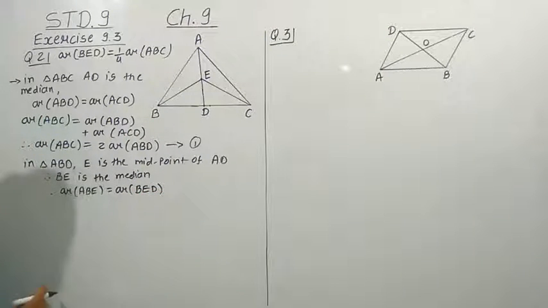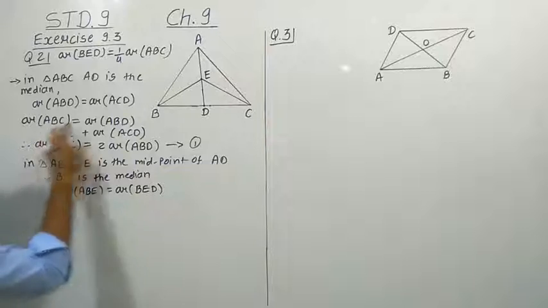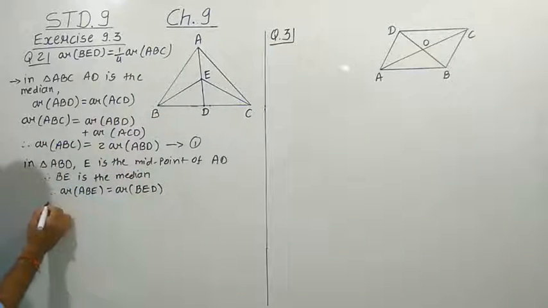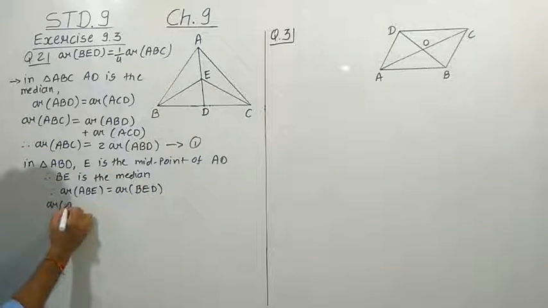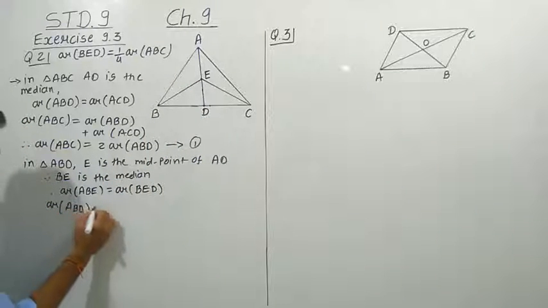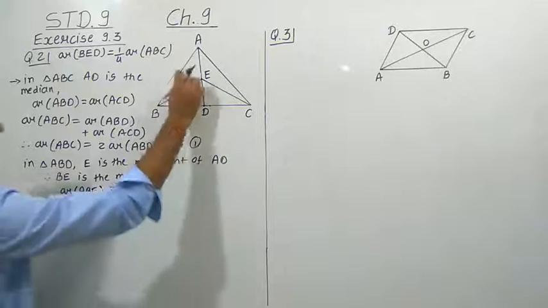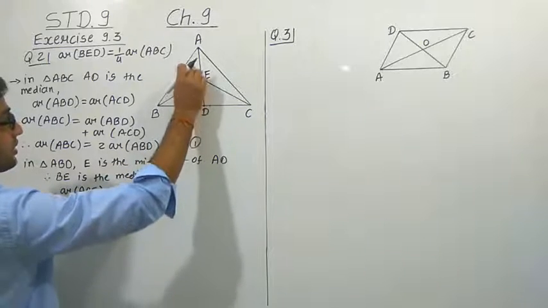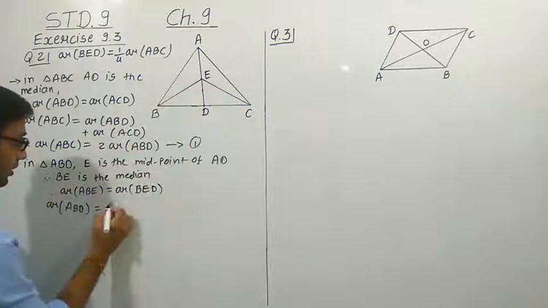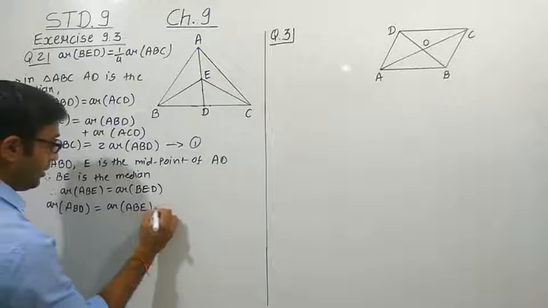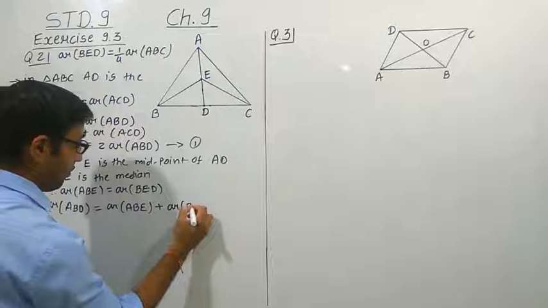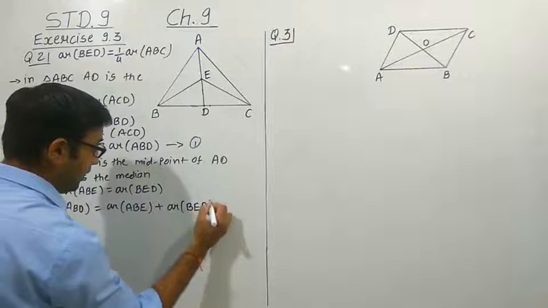Now, as we have written, the total area of ABD is the addition of the areas of these two triangles, that is ABE and BED. Area of ABE plus area of BED.